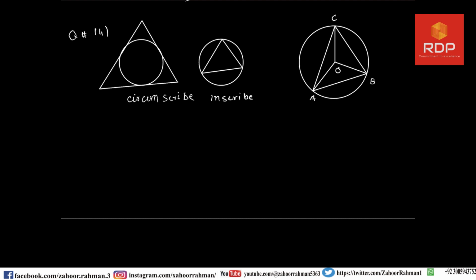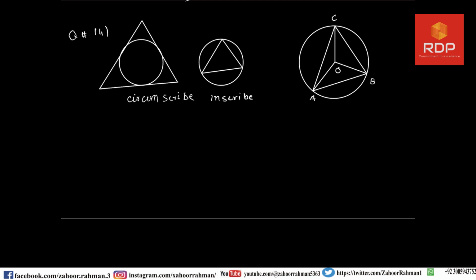In the question, ABC is inscribed, with center O. You can see that there is a center O. If CBO is twice of CAO, keep this in mind, and BAO is 1.5 times.